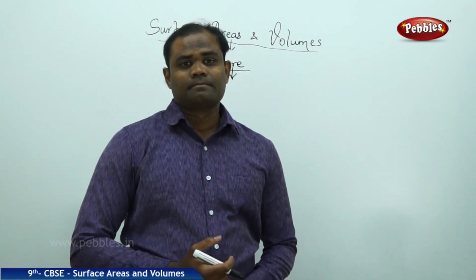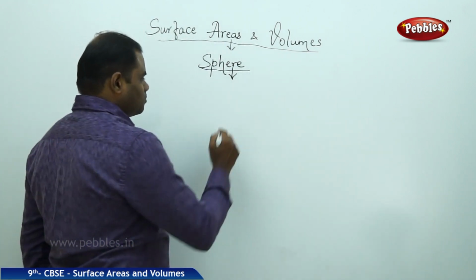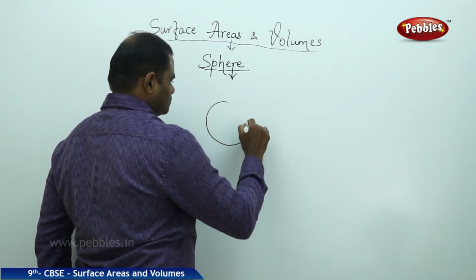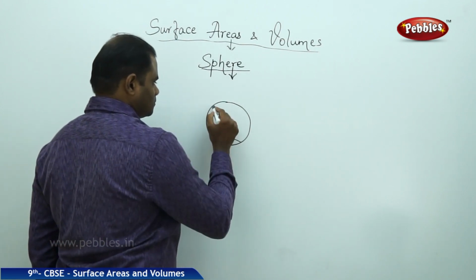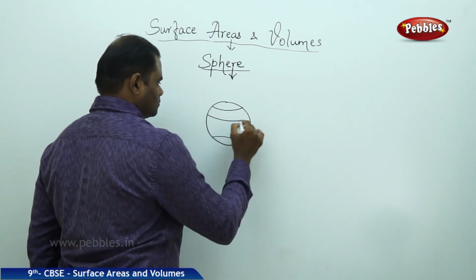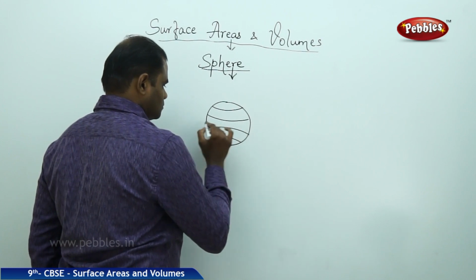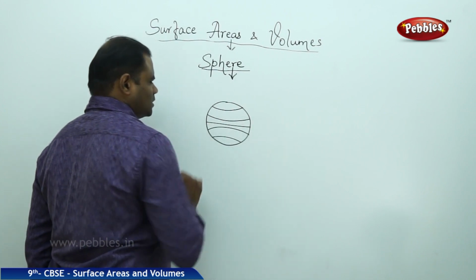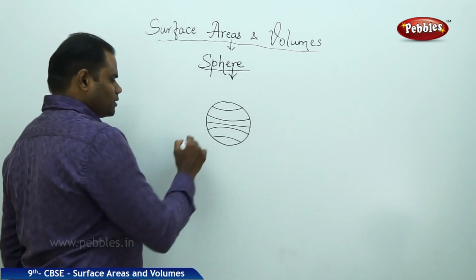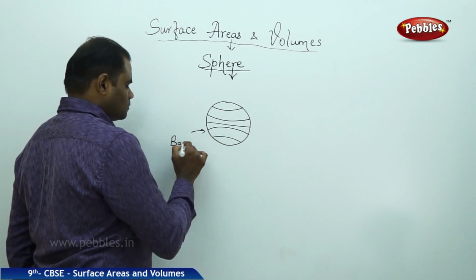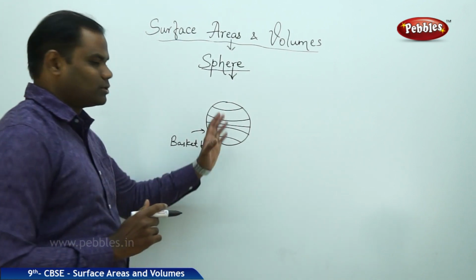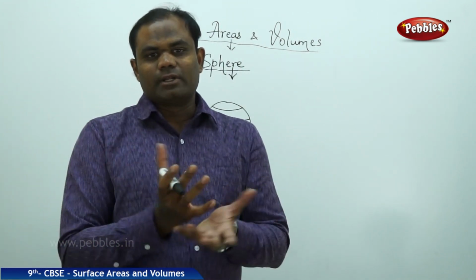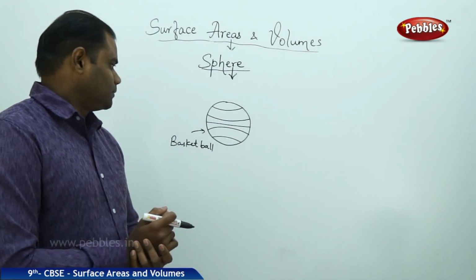Imagine I take a football or a basketball. Assuming this to be a basketball, the shape which looks circular in all directions is called a sphere.